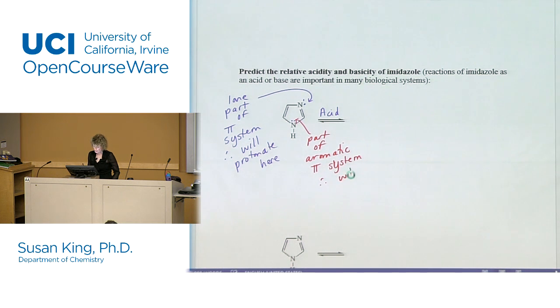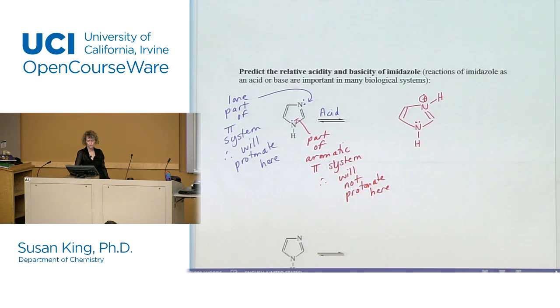Therefore, will not protonate here. So pretty easy job right now to draw the conjugate acid. May ask you to do that on a test. Who knows? This is what you'll get. When you add acid, you'll protonate on that nitrogen.